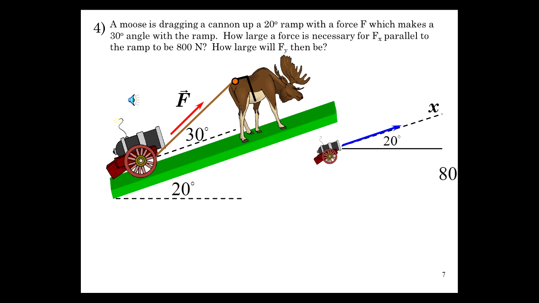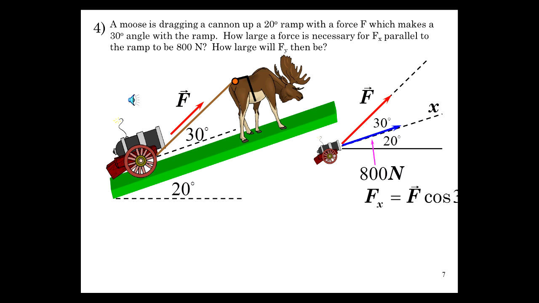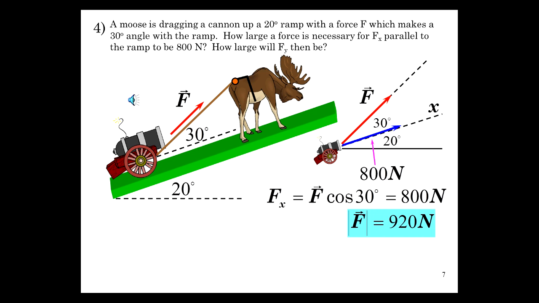We already know that this force is 800 newtons. And so from this 30-degree angle, we have a force that produces that 800 newtons. So what's that force? We know that Fx is 800, and that's just F cosine of 30, and therefore the size of F is 920 newtons.